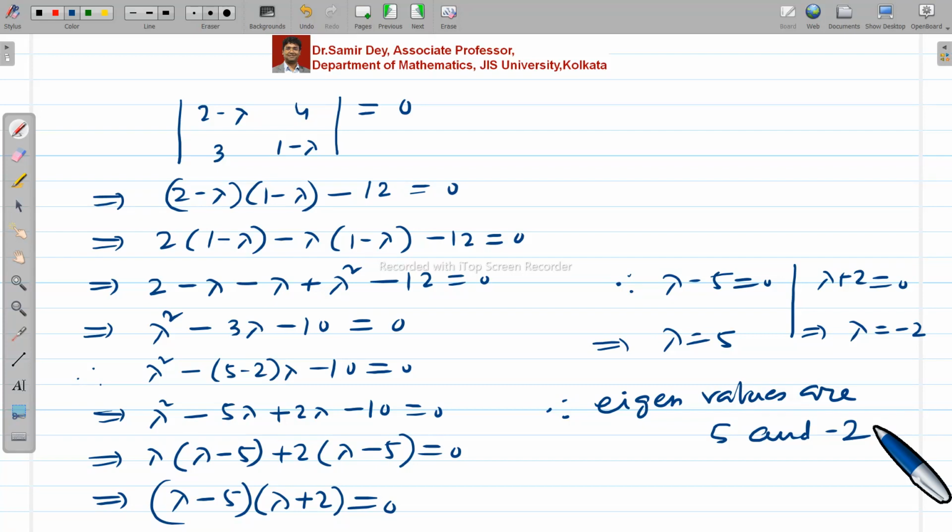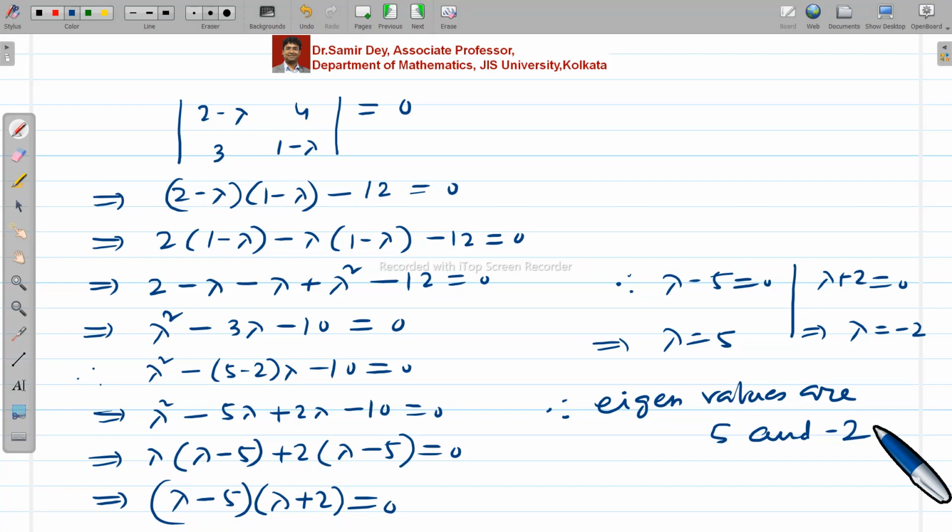Is it clear to all of you? Is it clear to all of you how to find eigenvalues from a given matrix? Clear? So first you need to find the characteristic equation of the given matrix. Then you need to solve it.